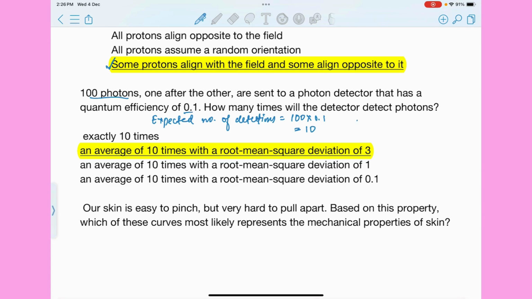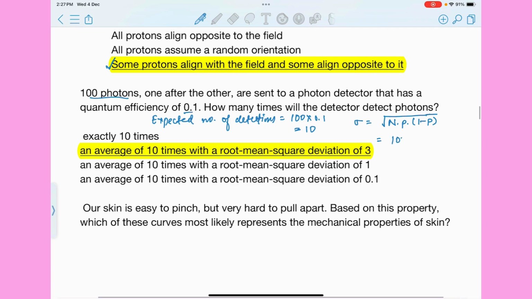The root mean square deviation is given as root of n into p into 1 minus p, where n is the number of the photons and p will be the quantum efficiency.